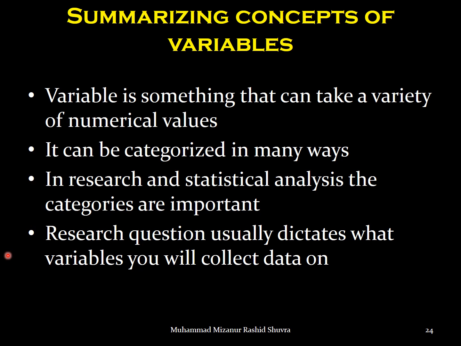In research and statistical analysis, the categories are important because it depends on the nature of these variables, dependent, independent, and also discrete or continuous, which is what's going to dictate how your analysis is going to be. And research questions usually dictate what variables you will collect data on. Okay, so that's the take-home message that you should remember, if you don't remember anything else.